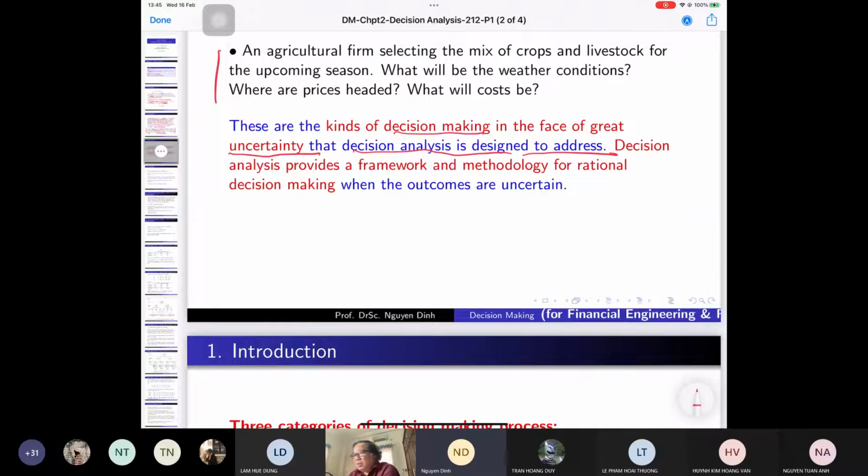The method called decision making under uncertainty is a way created for this case. Is that okay? To have a good decision in such a case.